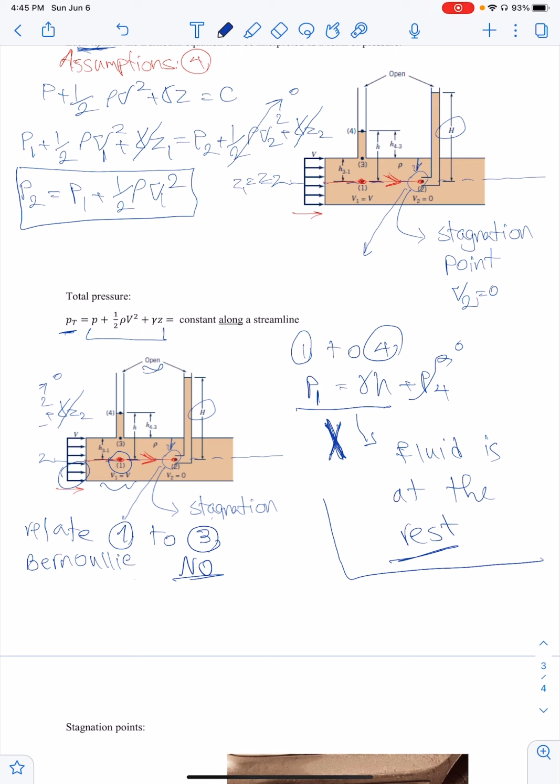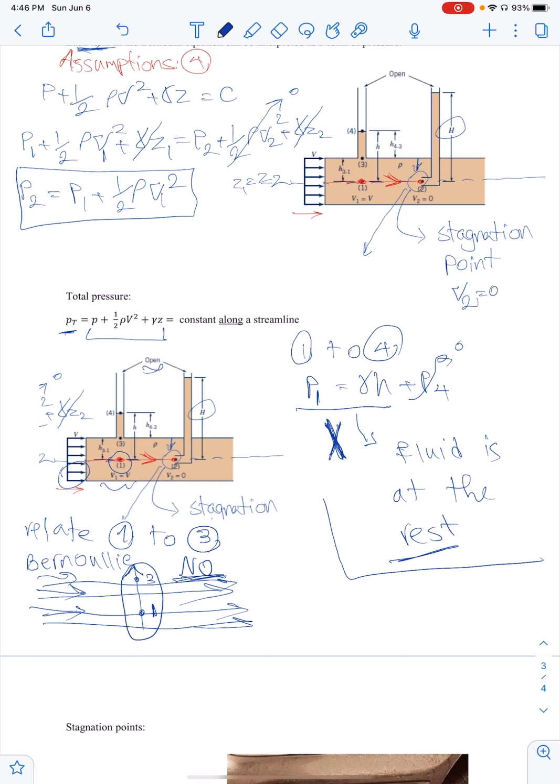This is 3 and this is 1, right? There is no streamline that can connect them together. The velocity is coming this way, so all of the streamlines are like this. How can I make a streamline between 1 and 3? So this is the reason I cannot use Bernoulli's equation to relate 1 to 3. Yes, I can use the Bernoulli equation to connect point 1 to 2, but not point 1 to 3. So be careful about that one.